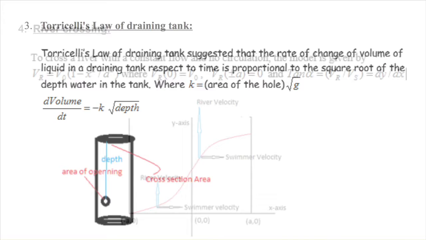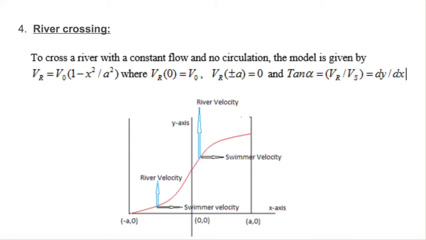hole opening. The fourth application is to find the position of a swimmer who tries to cross a river which has velocity. First, the model of the river's velocity is given by velocity of river equal to the initial velocity of river times 1 minus x squared over a squared, where the river's velocity at plus or minus a is equal to 0, and tangent of alpha is equal to velocity of river over velocity of swimmer, which is equal to dy/dx. Substitute the velocity of river as given.